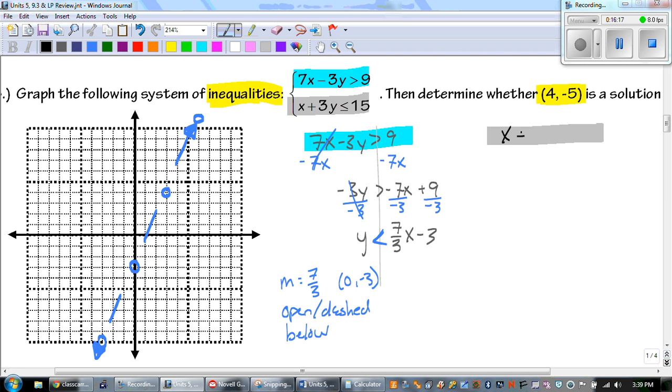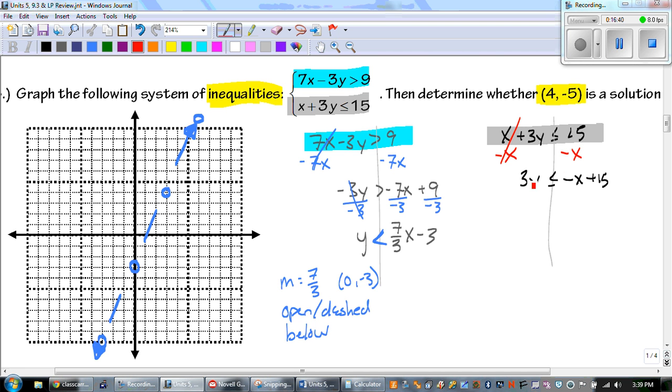Okay. We have x plus 3y is less than or equal to 15. Okay. So we're doing the same thing. We're solving for y. Subtract the x to the other side. And we get 3y is less than or equal to negative x plus 15.